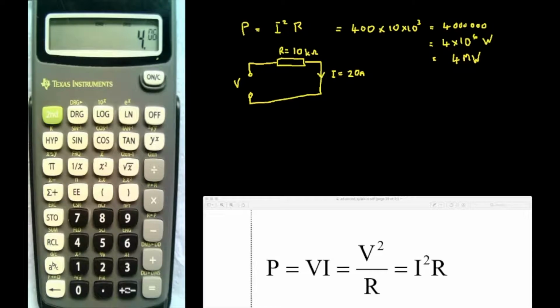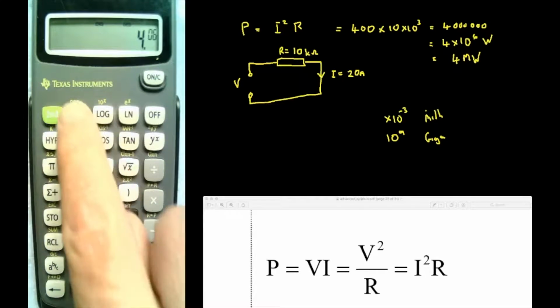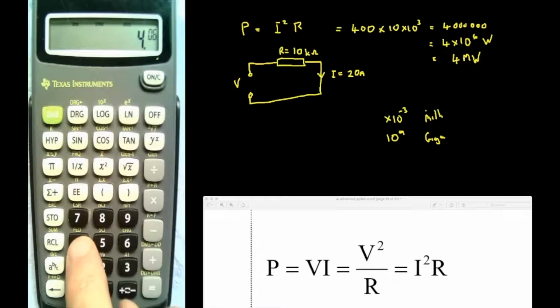So remember then that you can use the EE key at any time to enter a value, mega, kilo, micro, but it's important that one of the early things you do with the advanced course is learn the correspondence between, for example, times 10 to the minus 3 being milli, 10 to the 9 being giga, etc. So you need to know all of those multiples and submultiples to the extent that they become second nature, so that when you want to enter in 5 milliamps, you just put in 5 times 10 to the minus 3 amps, and you put it straight into the calculator, and you can then toggle between seeing the result either in engineering notation or float, or if you're so minded, even in scientific notation.